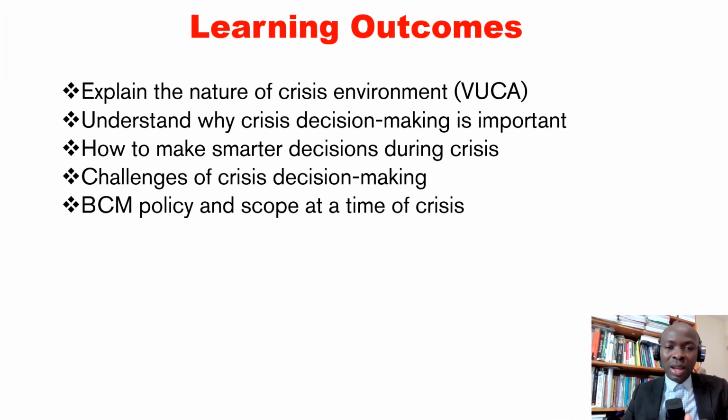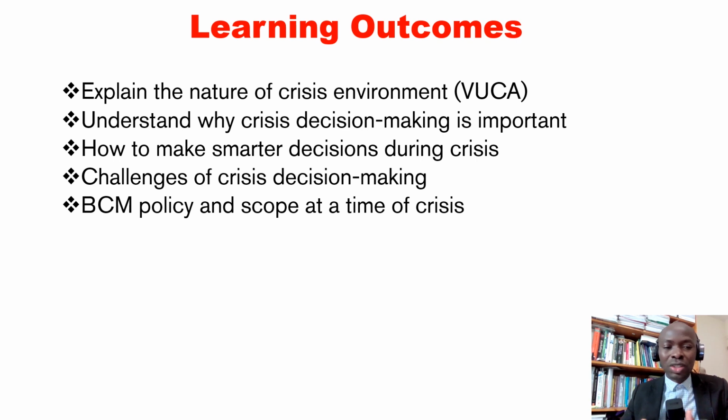So, of course, my learning outcome, what I want you to get today, is to look at the nature of the crisis environment, the so-called VUCA environment, the volatile, uncertain, complex, and ambiguous business environment in which organizations operate today. And of course, we're going to understand why crisis decision making is absolutely essential for any managers or business leaders within an organization.